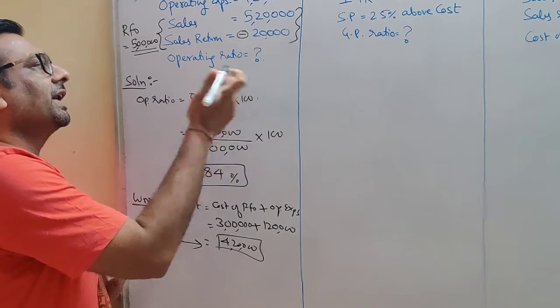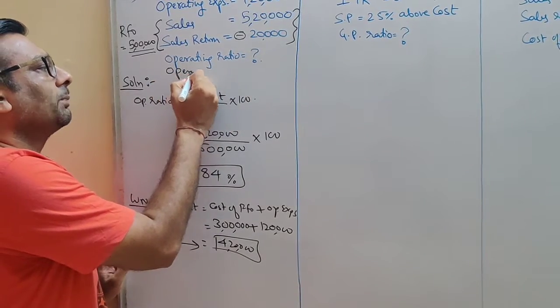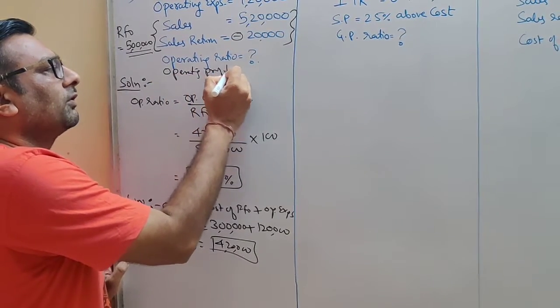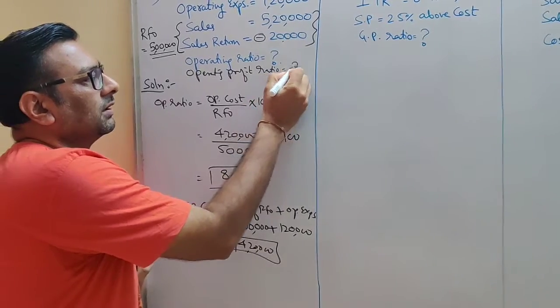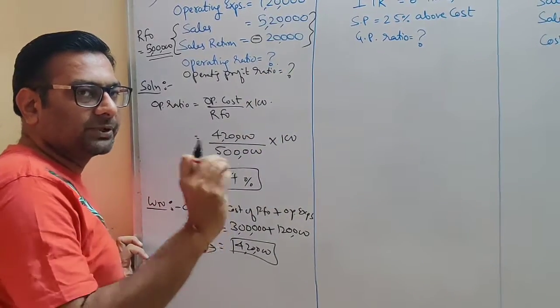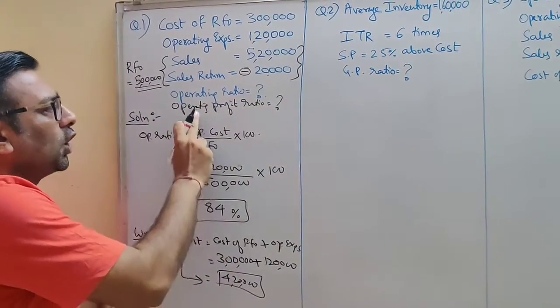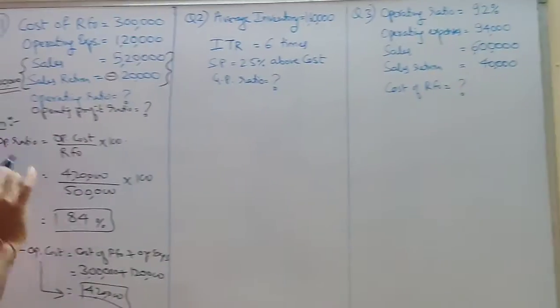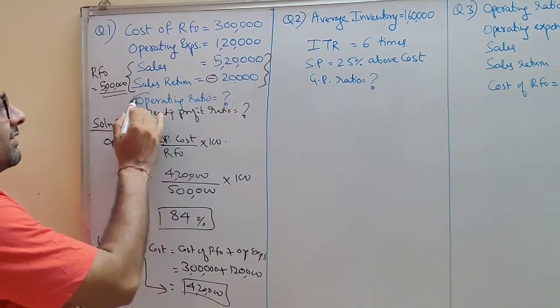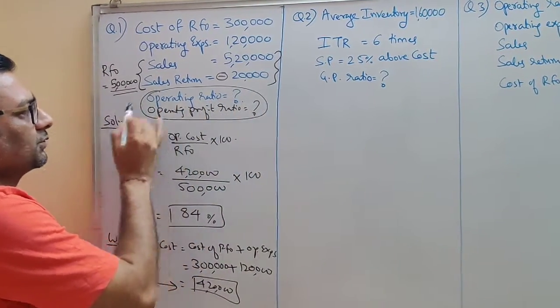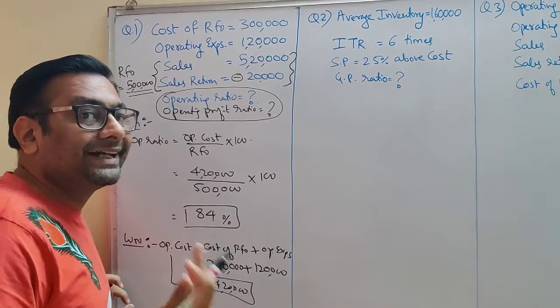Now one more important thing, student, here. Operating ratio. What if they ask you operating profit ratio? See, I am going to give you some new info now. So pay attention and listen. Operating profit ratio. Now students, one important thing. Never forget that these two ratios are complementary to each other.